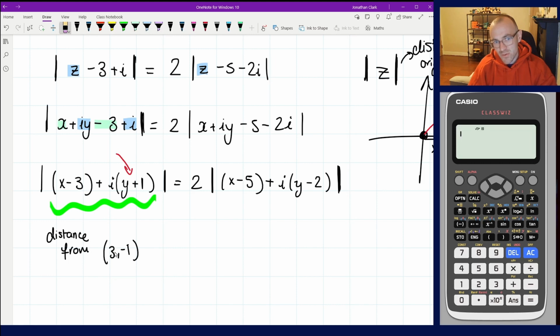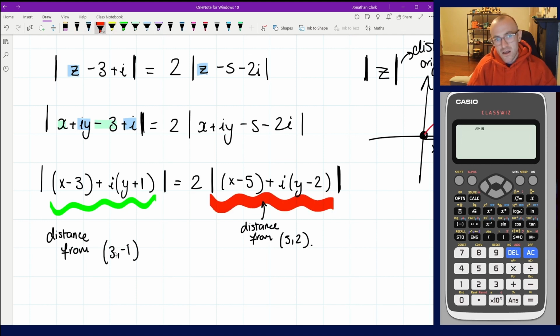It's the same principle in this case. This is representing a distance from 3, minus 1. This is representing a distance from 5, 2.